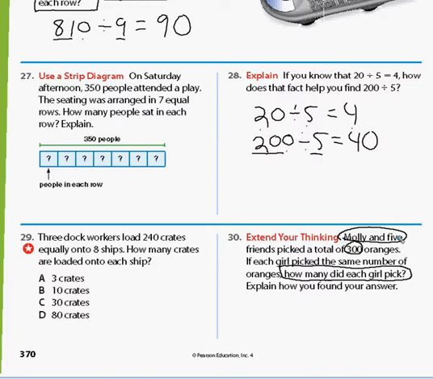So the actual problem that we're going to work out is 300 divided by 6, which is Molly and her 5 friends. So the basic fact that we have there is 30 divided by 6. I know 6 times 5 equals 30. So 30 divided by 6 equals 5. And I have 1 0 there. So that means that each girl picked 50 oranges.